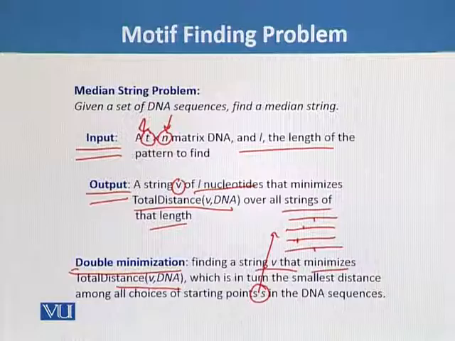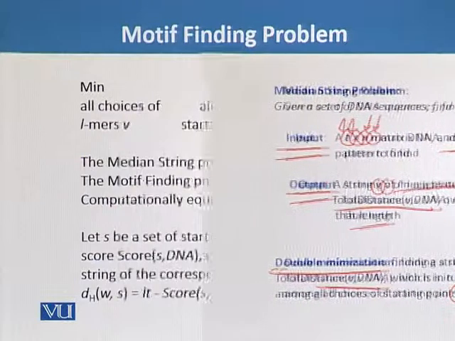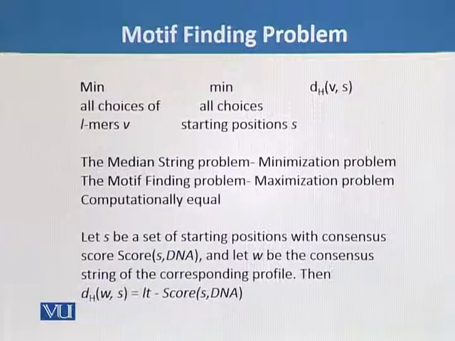So we have to calculate the minimum distance between these motifs within the DNA sequences. So we have seen earlier that this is a double minimization process.